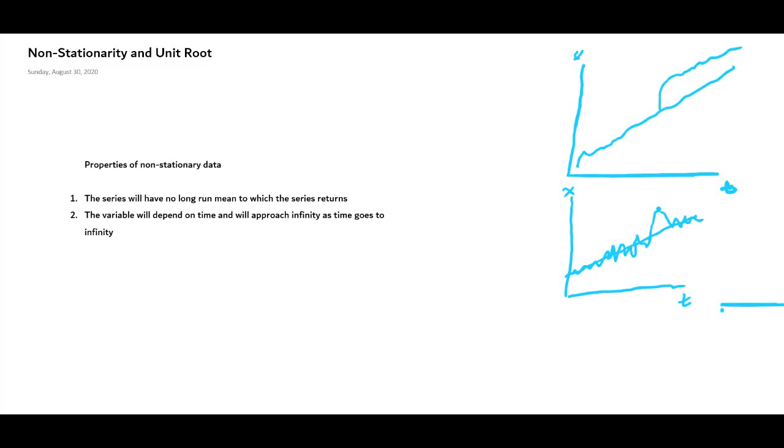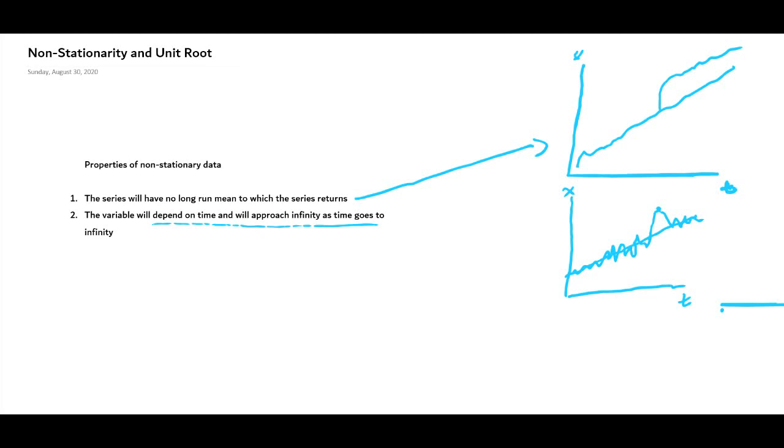Then we can say that a non-stationary time series depends on time, which leads to two cases. The first case is that it has no long run mean which the series returns to. It does not return to its original mean. In the second case, the variable will depend on time and will approach infinity as time goes to infinity.